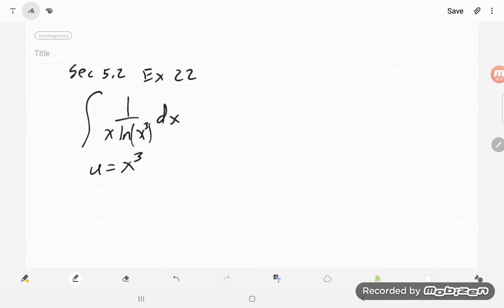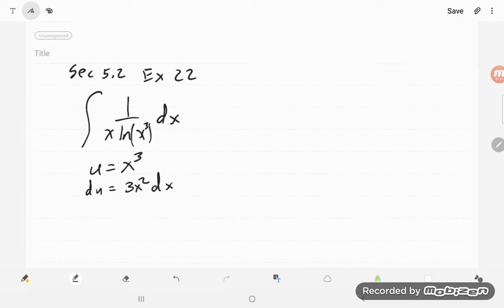U equals x cubed, then du would equal 3x squared dx. And I still have that darn natural log. Yeah, it's not clear what you get out of this.